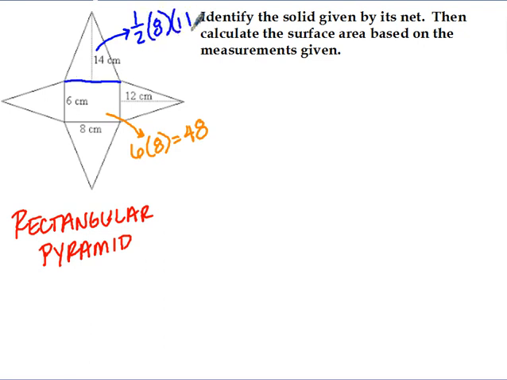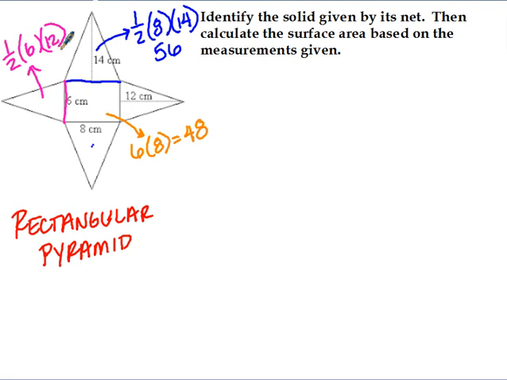So that's going to be 56. And that's going to be the same as this one down here. And then the last area here, again, it's 1/2. My base is 6. And my height is 12. And so that's going to be 36.